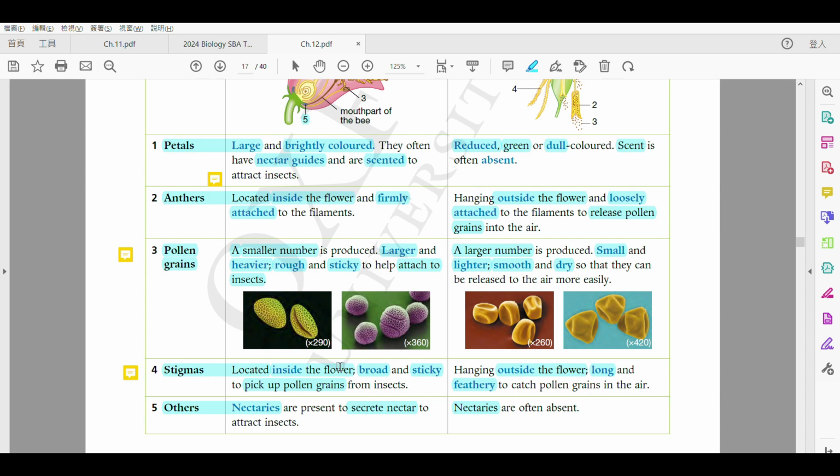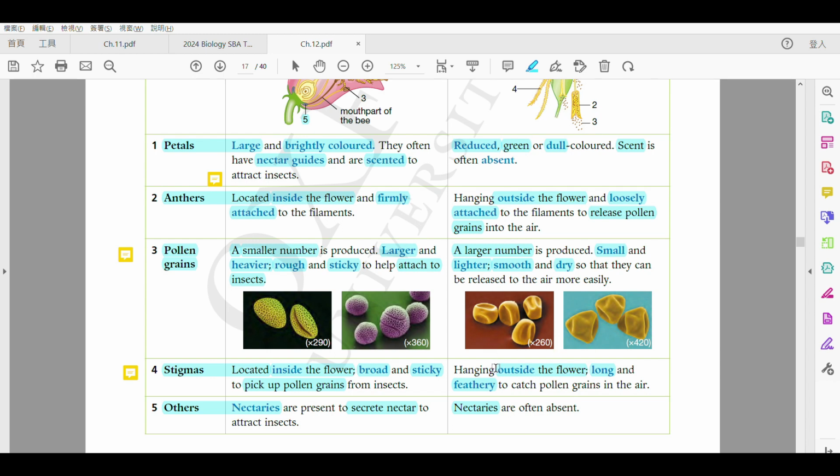It will be inside the flower, and usually because they want to pick up the pollen grain more easily, they are usually gross and sticky. On the other hand, when we talk about wind pollinated, they hang outside the flower and they're loosely attached. Therefore they can release the pollen grain more easily.